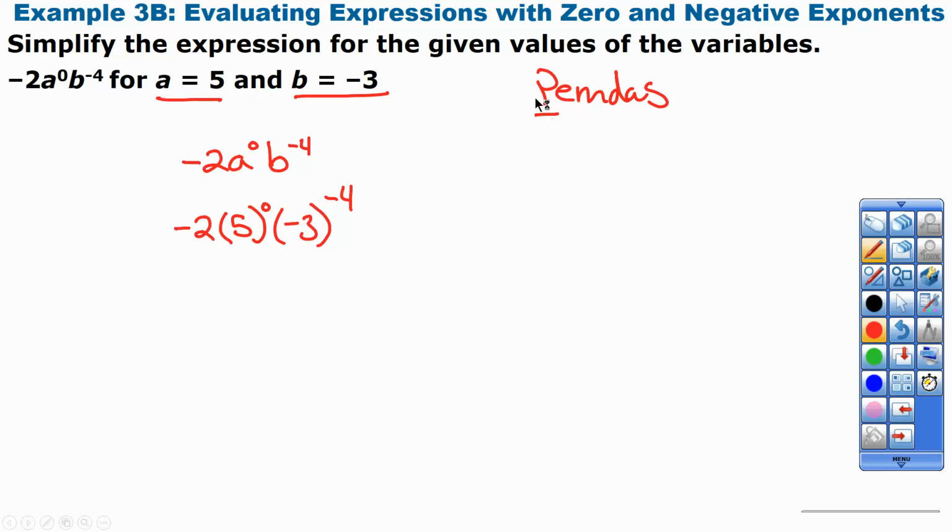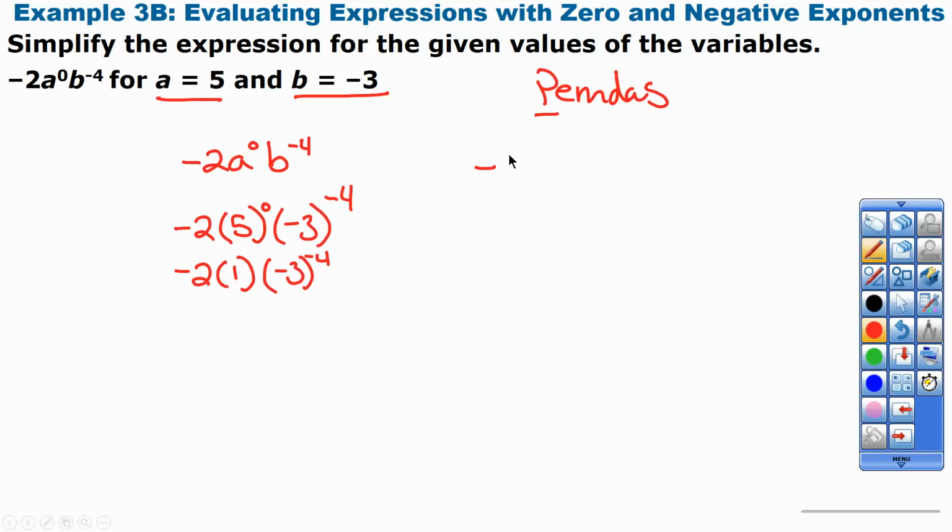PEMDAS first. Parentheses. Right now, these parentheses are just letting you know that those numbers are there. So then we go to the next one, which is exponents. Any number raised to the 0th power is 1. You are right. 1. So that's times 1. Negative 3 to the negative 4th power.